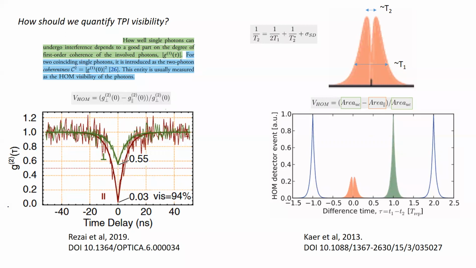So normally if you have a flat line and then a very deep dip here, then the visibility is basically one. But here they have a half-deep dip and a near-zero dip, yet they have visibility near 1. Yeah, this is the equation they're using. Do you disagree with this equation, or do you have a different method?